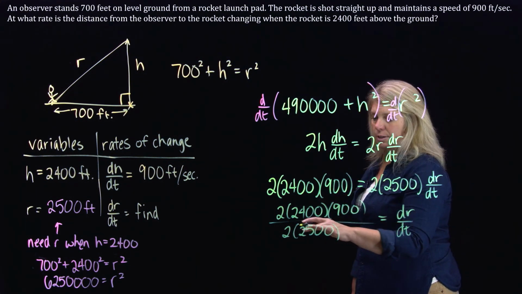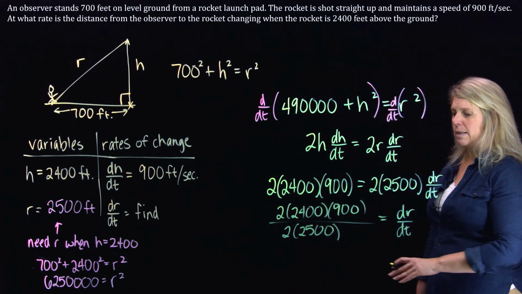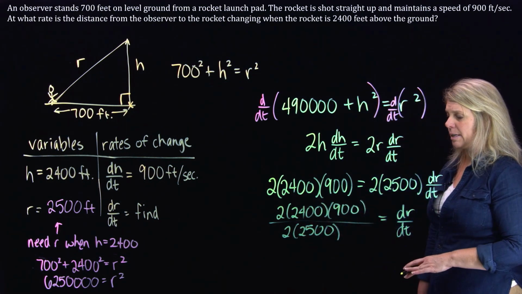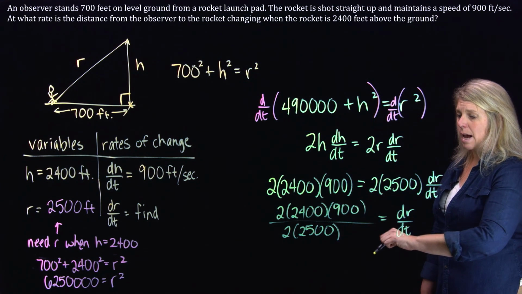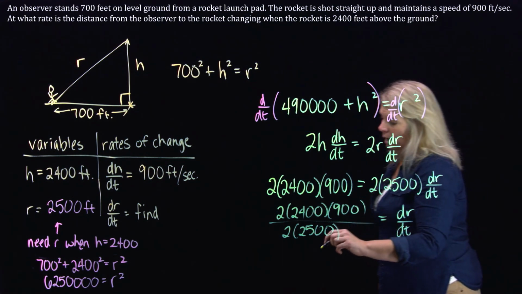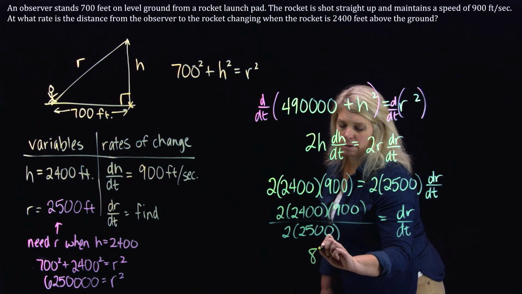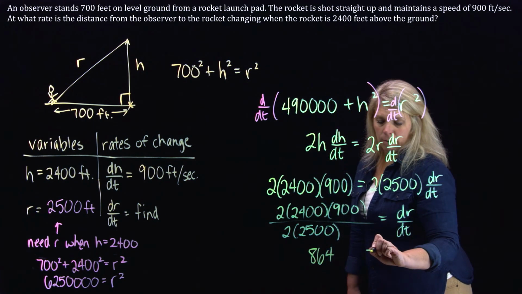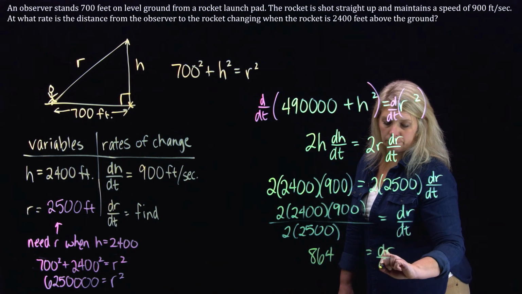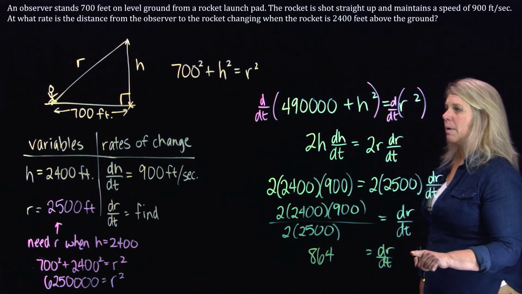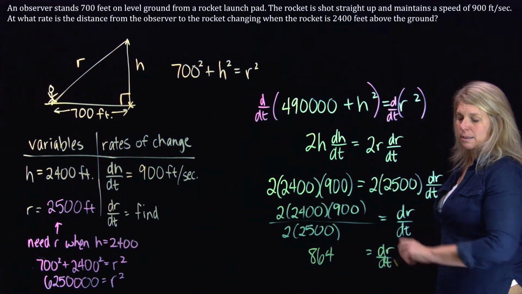Okay, so there's a lot of reducing that we can do here. Divide this out. There's some 2's that cancel, some other reducing that we can do. When you do that and simplify that all the way, you should get 864. And I want to make sure that I label my answer using units that make sense in the problem.